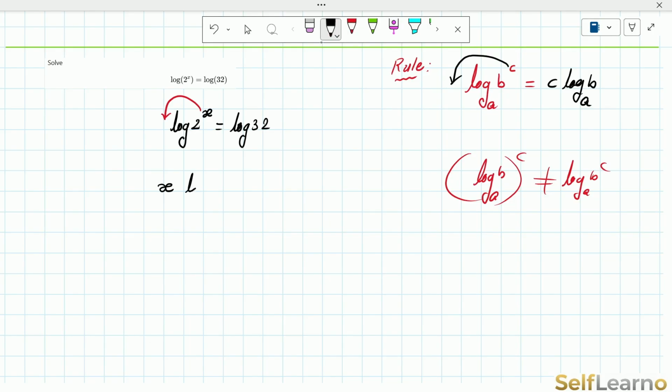So x times log 2 is equal to log 32. Right? Now, from here, you can find the value of x. x is log 32 over log 2. Please use your calculator. You will get an amazing answer, and that is 5.